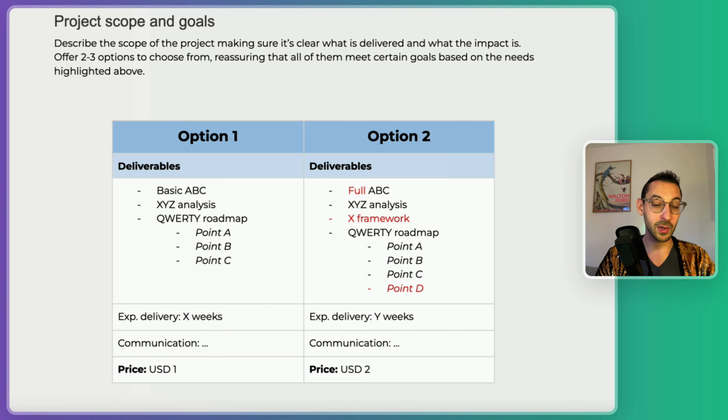Now, the reason for giving more than one option is that honestly, when it comes to pricing, it's very difficult to know what the customer is willing to pay and how you should price your services. So you will have an idea of the amount of work that the project entails, but it's still hard to narrow down exactly the intensity of the project.